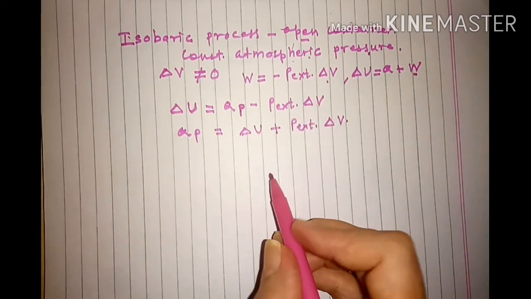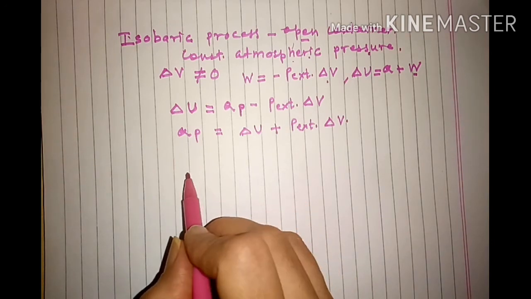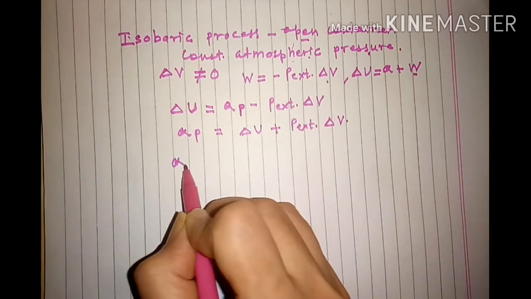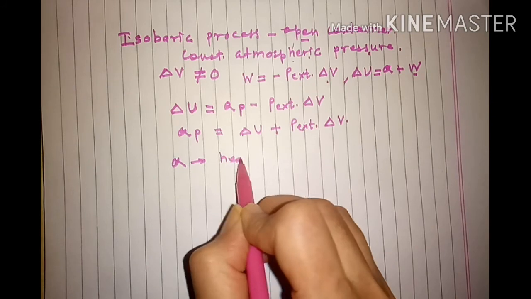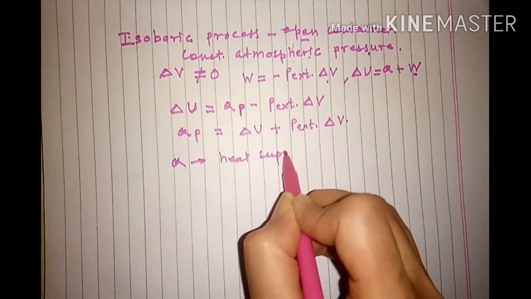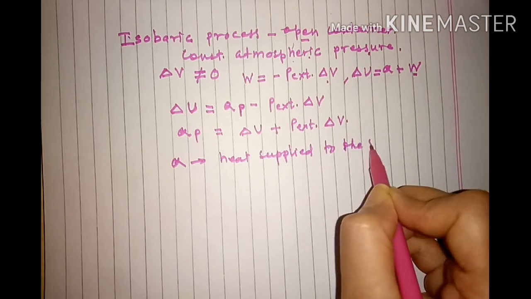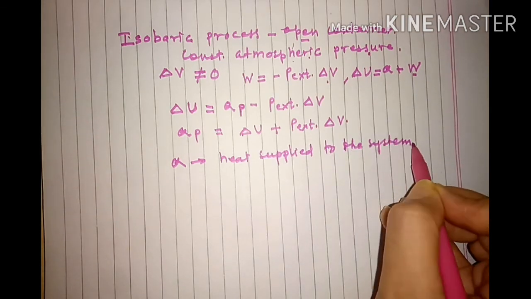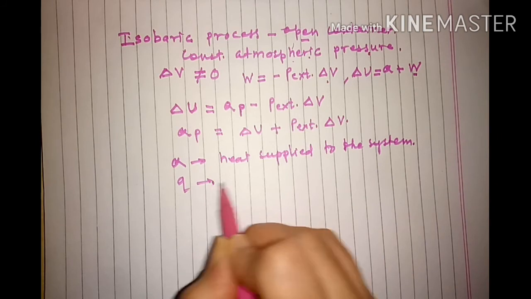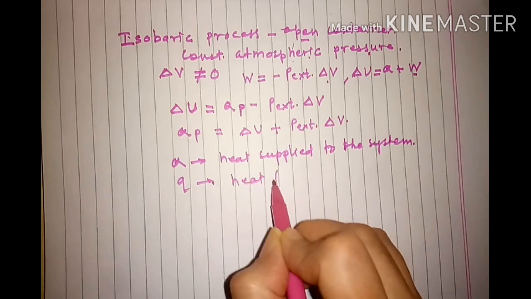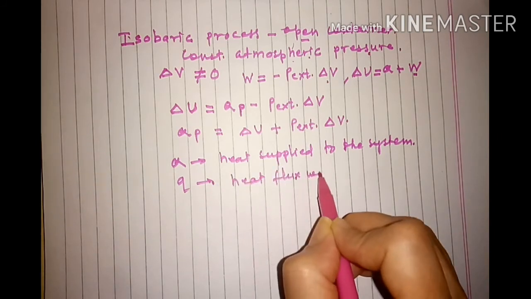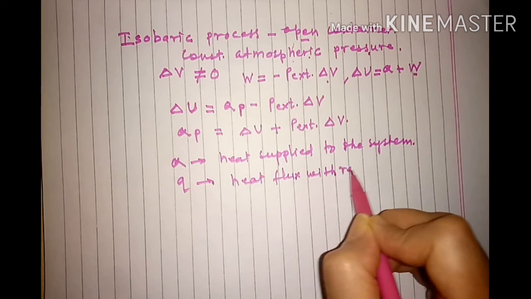Okay. Now up till now we were saying that Q is nothing but the heat supplied to the system, which is denoted by capital Q. And small q is the heat flux with respect to unit area.